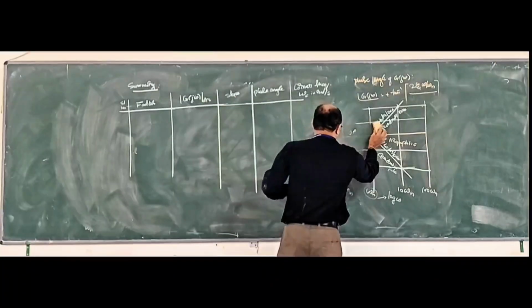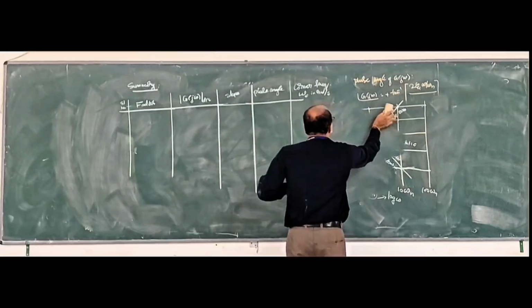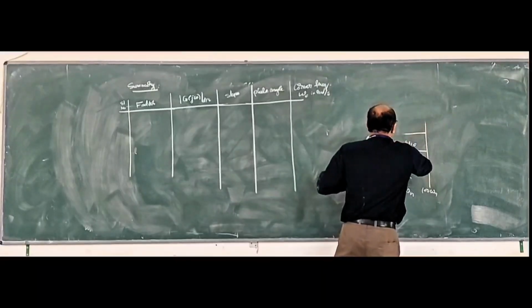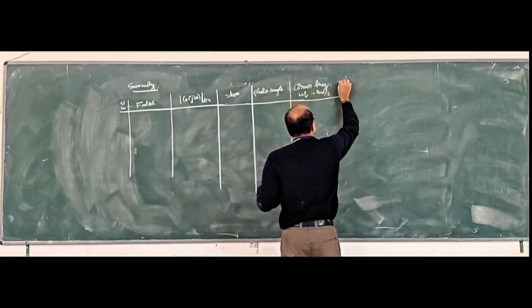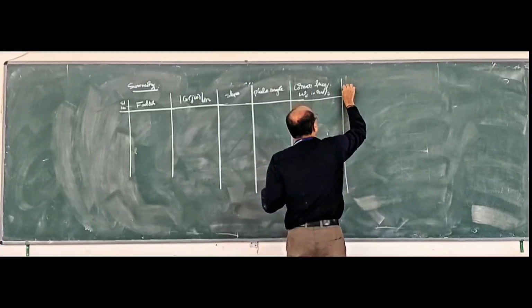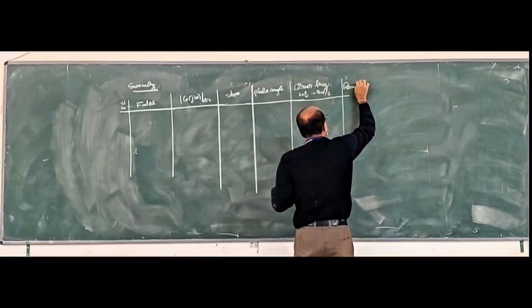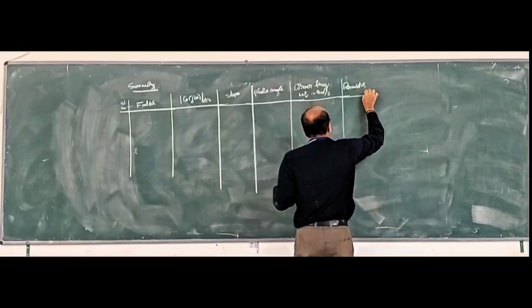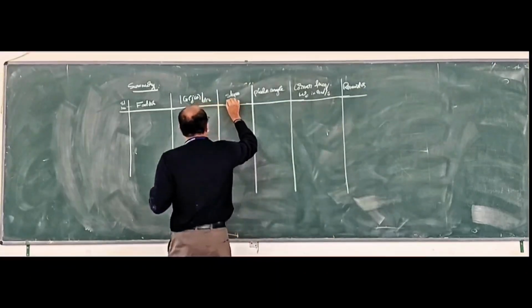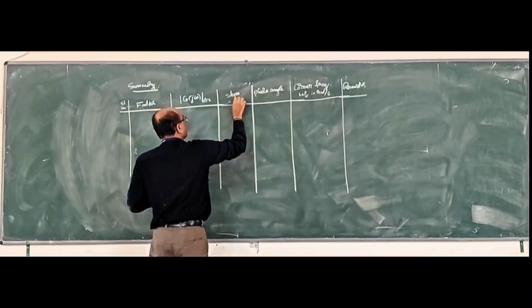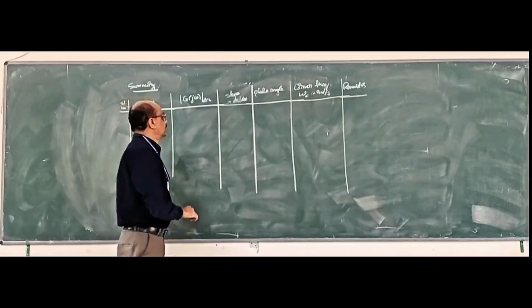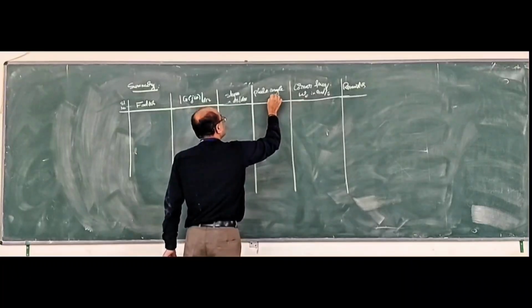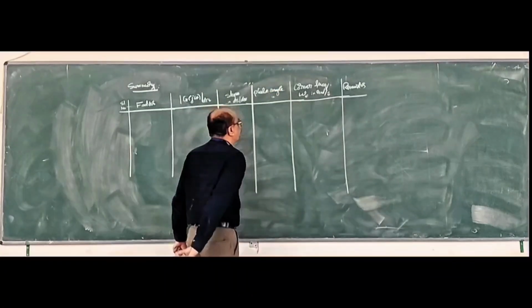Slope is in dB per decade. Gain in dB, but slope is dB per decade. Phase angle is in degrees.